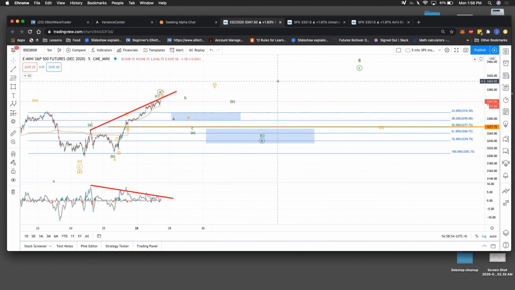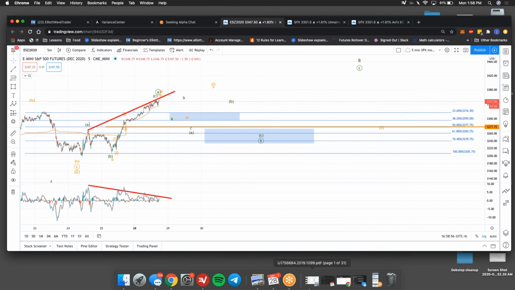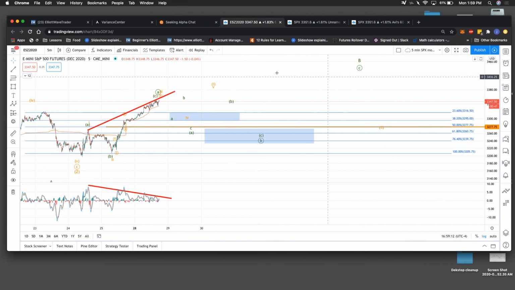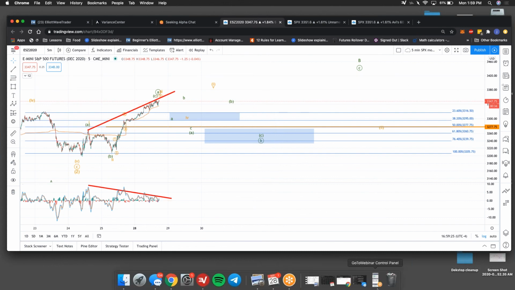I really have no idea how long this is going to take. And if you're trying to trade this with options, this is one of the worst setups I could think of, because you're looking at trading a B wave within a B wave within a wave 2, if you're tracking the green count as primary. It doesn't strongly favor any particular timing for an options trade. It's really not a clean setup whatsoever.